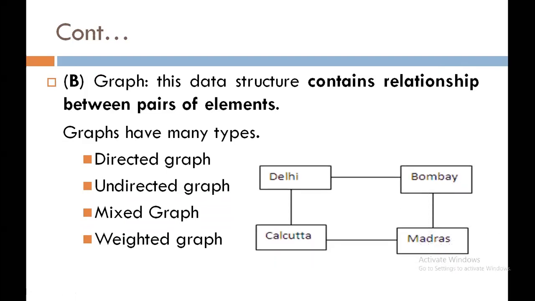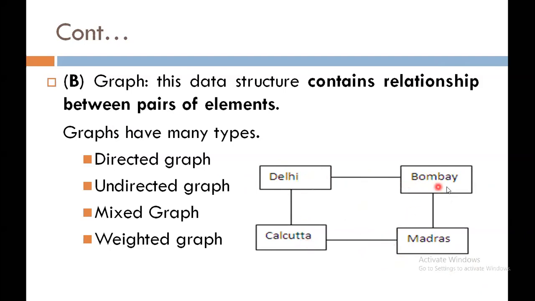Now, this diagram shows the graph data structure. Here, 4 cities are connected, and this graph shows the number of flights from different cities at a particular time. For example, from Delhi, 2 flights are there, one for Bombay and one for Kolkata.